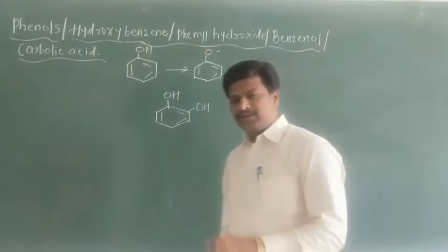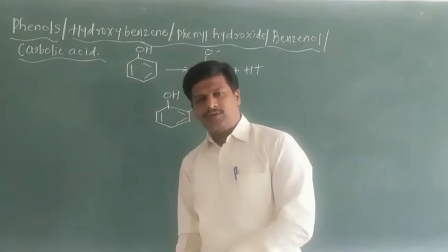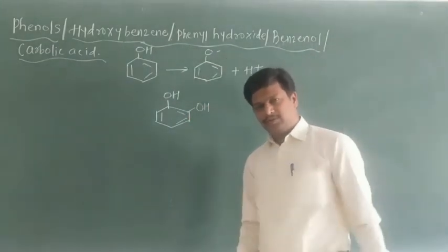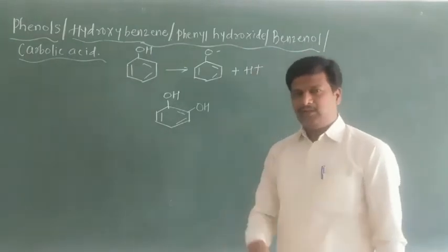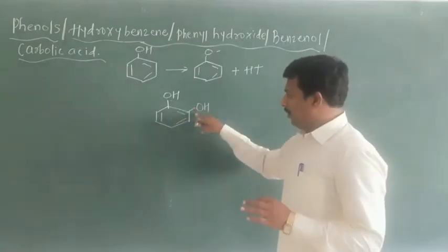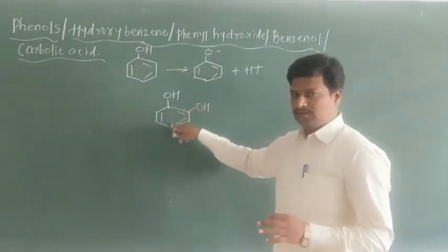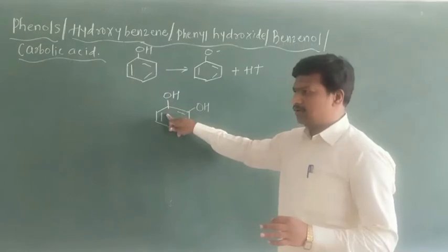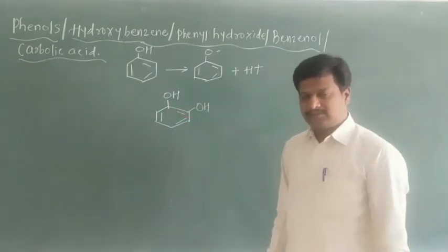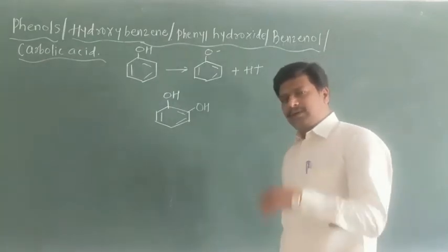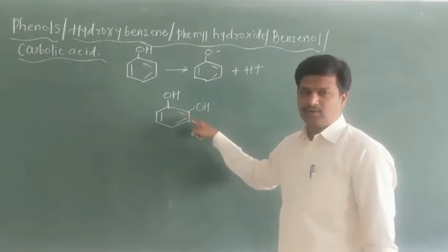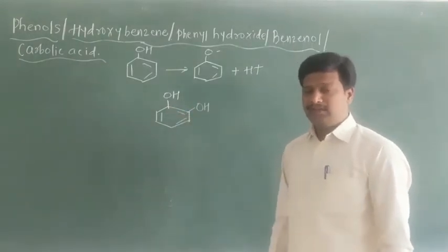The meaning of this definition is the same as the first one, but the way of expressing it is somewhat different. Once again, when one or more hydroxyl OH groups are directly attached to the aromatic ring, in phenols the OH group is always directly attached to the aromatic ring or benzene ring.